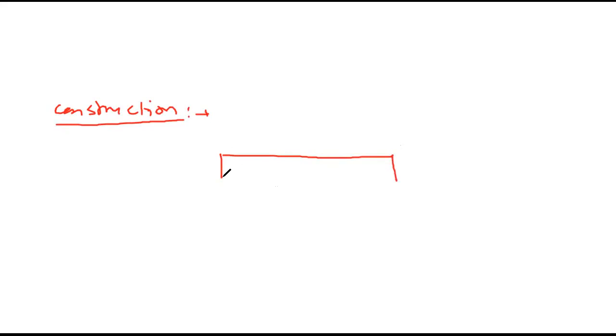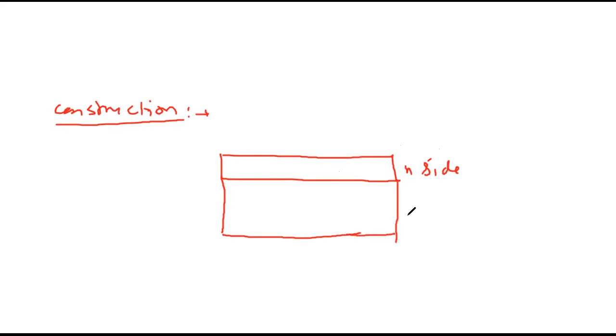Then write construction. It consists of an n side, which is kept towards the sunlight, and then a thick p side is connected to the n side. This forms the base.